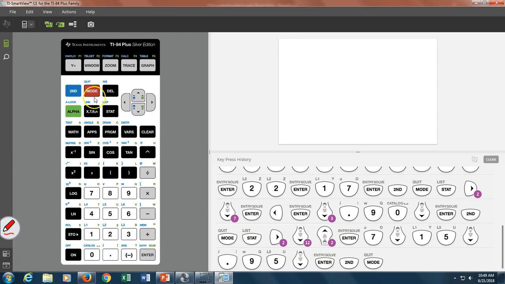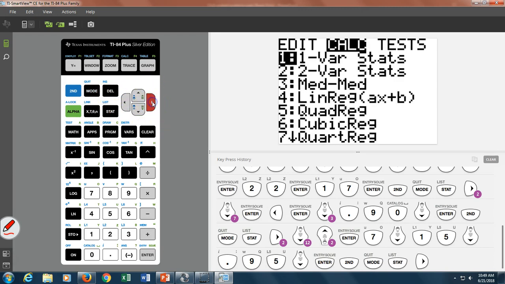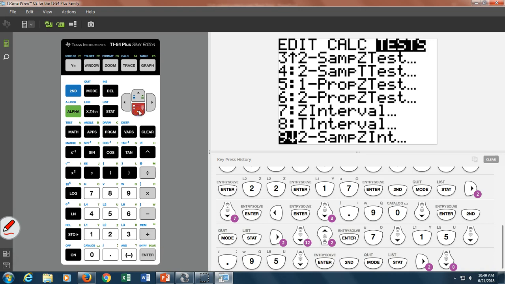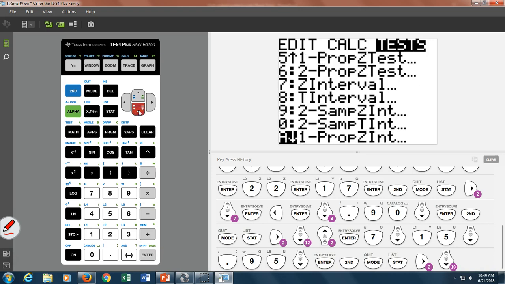Exit again. Okay, we want Stat. We want to go over to Tests even though it's just a confidence interval. And this is a proportion of cars that have a CD player. So one proportion z-interval.